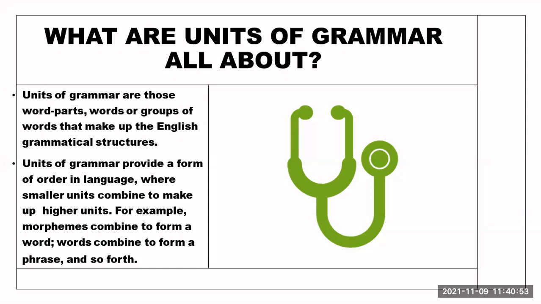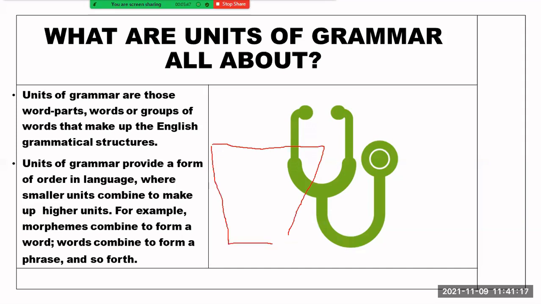And of course, when we talk of units of grammar, then there is a rank. It gives us the picture of a rank, all right? We can have something like a pyramid, okay? And then you see that when we have something like this, we can divide it into different levels.